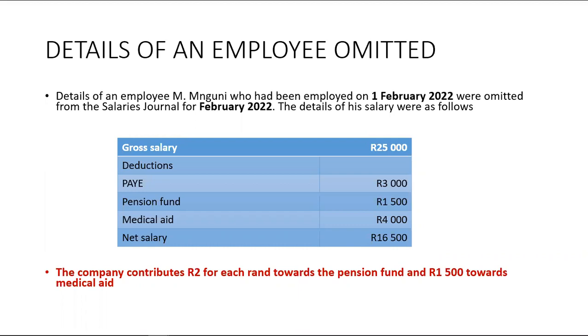And on the 28th of February, they worked from the 1st of February 2022 and up until the 28th of February 2022. But the 28th of February 2022, which is the end of the month, is also the end of the financial year. That is why it is an adjusting entry, because this mistake was discovered right at the end of the financial year.